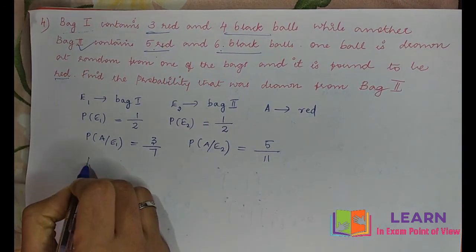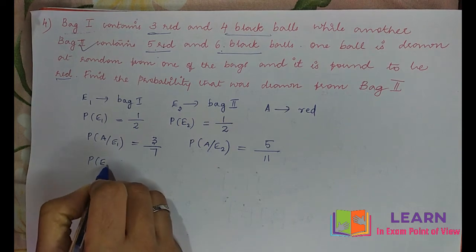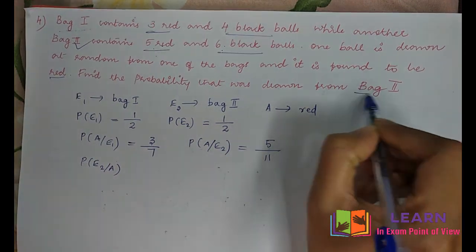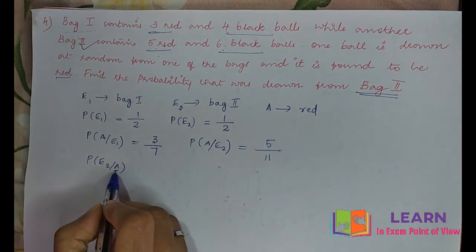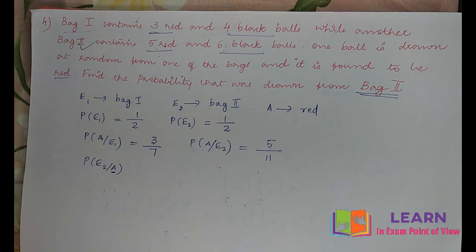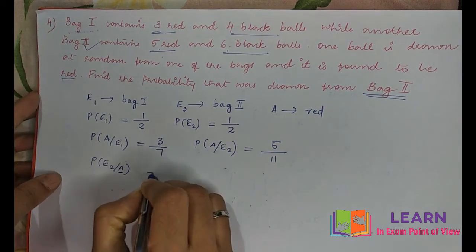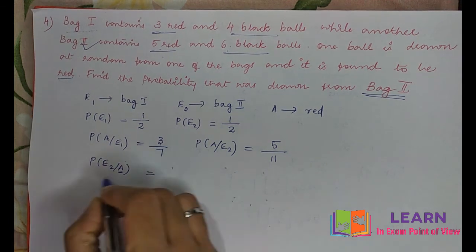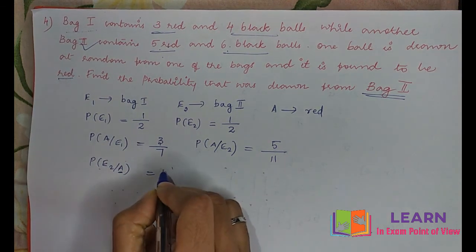Now, we need E2 given A. That is what? We have to check from bag 2, we are getting a red ball, right? So E2 given A we need. So according to Bayes' theorem, we have a formula. Just study that formula and apply that. E2 given A is what?